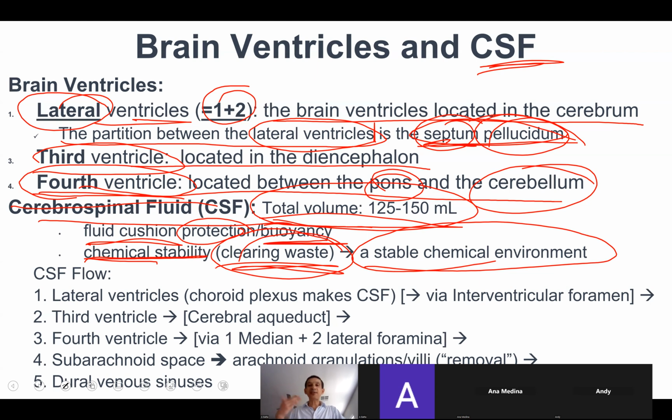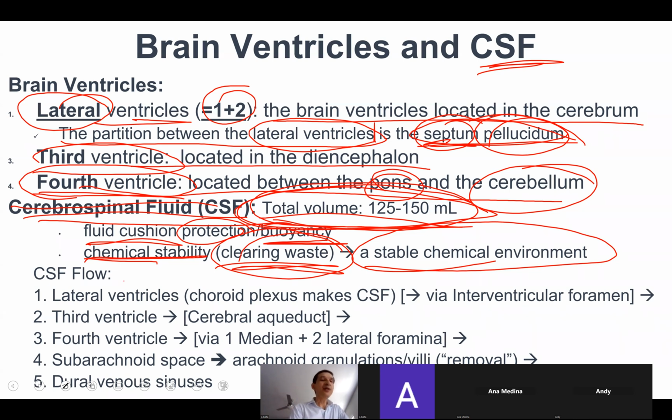So obviously cells produce their own trash, shall we say. That trash is constantly taken away from the area by flowing CSF, just like a river would take some trash on its banks, okay? Total volume, once again, your short cup of coffee, 125 to 150 mils.